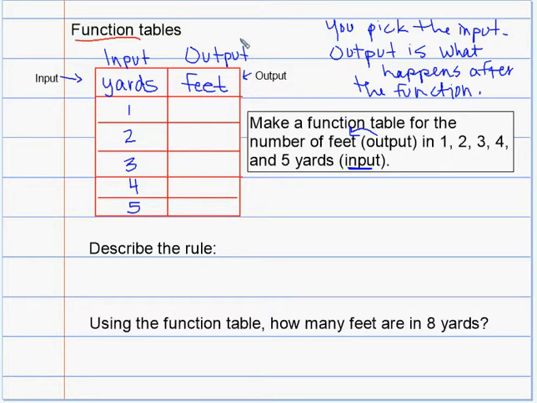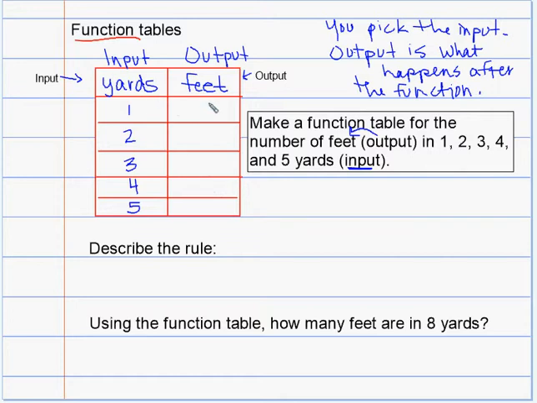So input is money, function is the pop machine, and your output is the can of pop. That's what we're doing here. We're changing money into pop while we're changing yards into feet, and we're going to figure out what the function is here in just a minute.